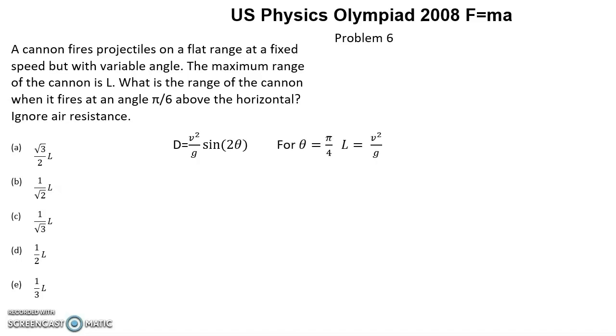And what happens when we have angle pi/6? In that case, we have D equals V squared over G multiplied by sine pi/3, which is √3/2. So it means that total solution will be √3/2 big L, which is A, correct answer.